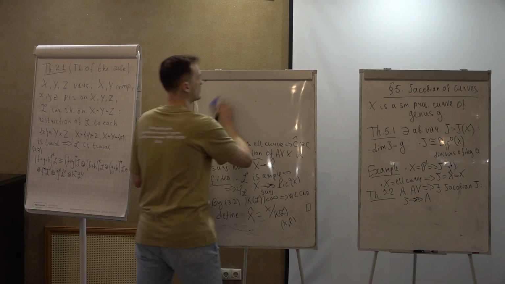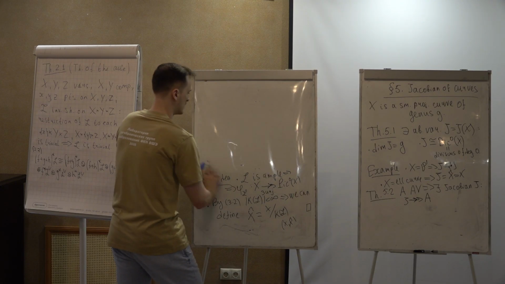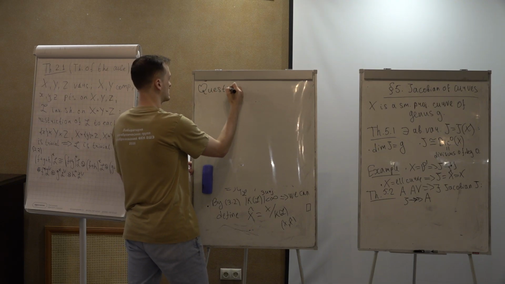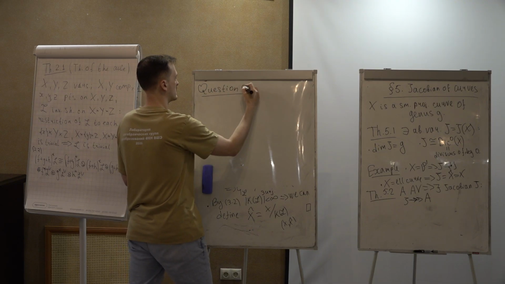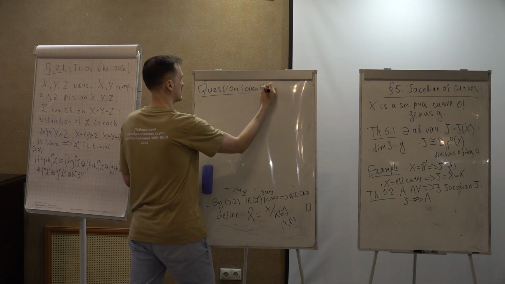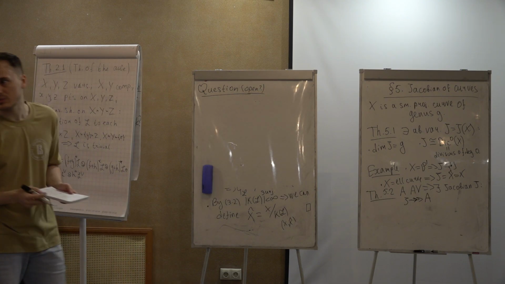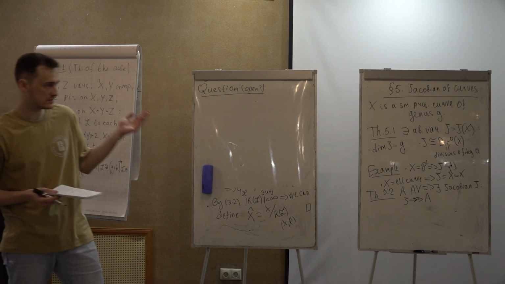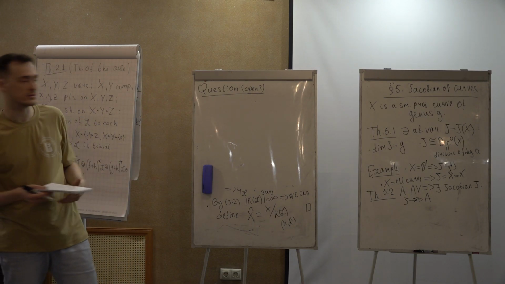Jacobians form just a subclass of all abelian varieties, but every abelian variety can be covered by a Jacobian.